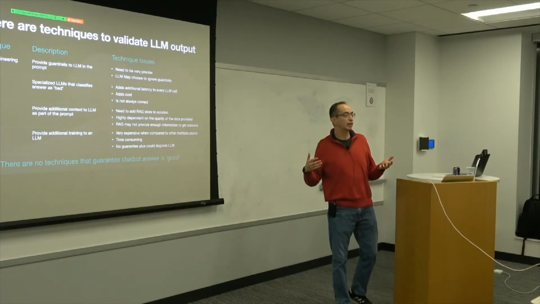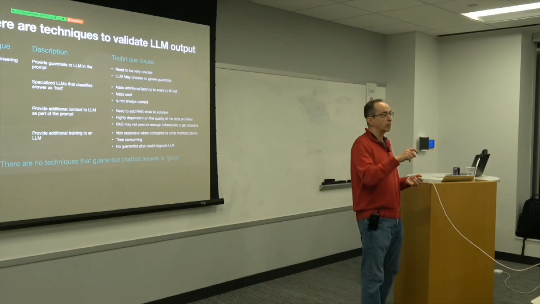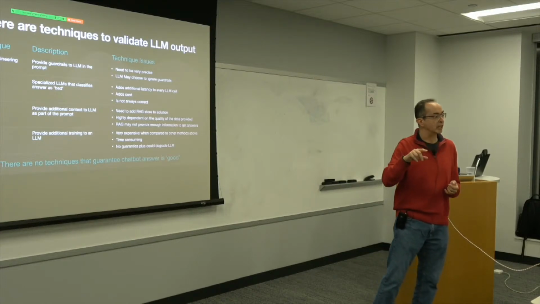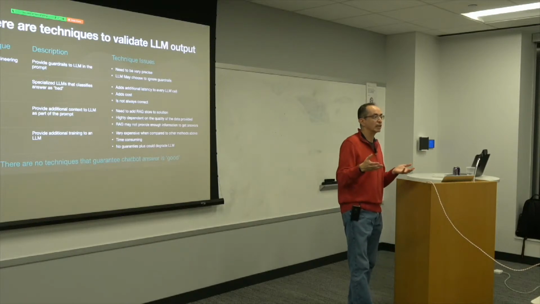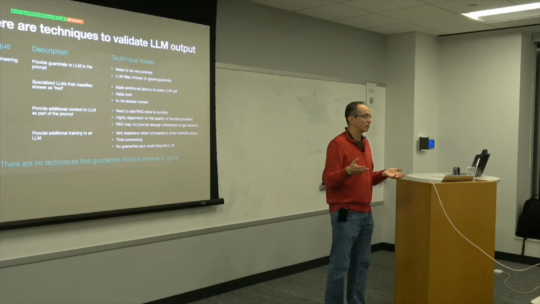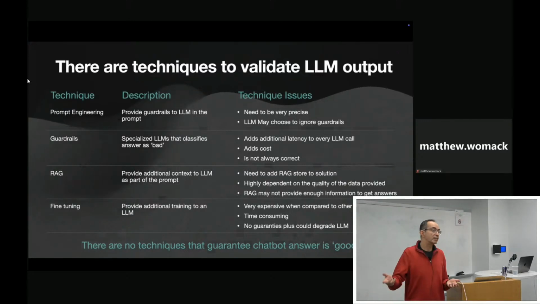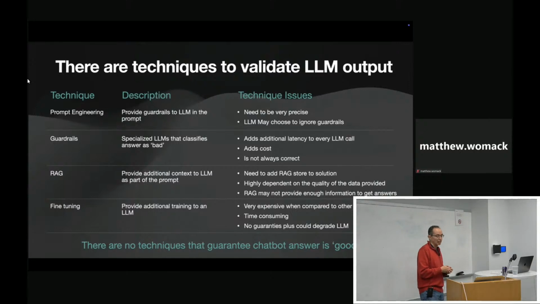The other day I had an LLM crash on me because I told it, give me information about John. And John had a lowercase j. And the LLM crashed because it couldn't find John in the database. So all of a sudden I had to add to the prompt, ignore case. And then everything started working again. It's crazy, but it's true. LLMs are very smart, except when they're not.